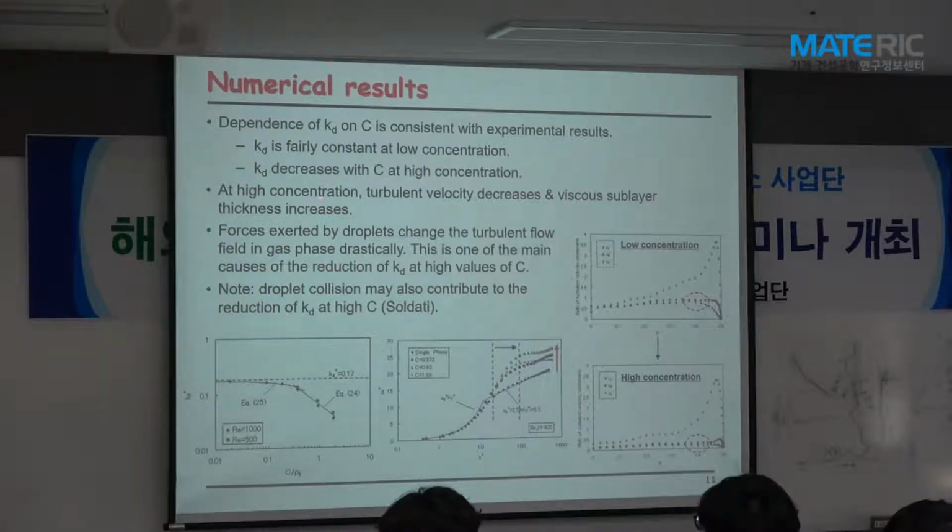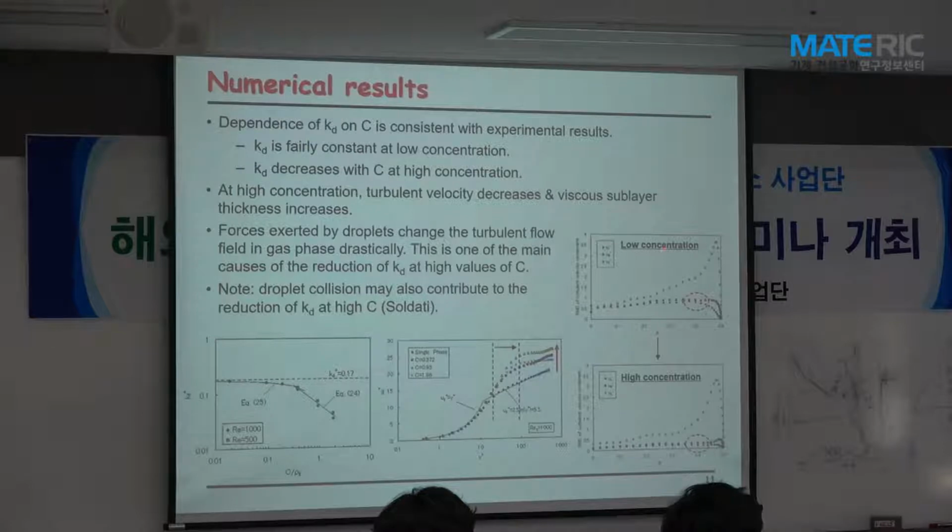At high concentration, turbulent velocity decreases and viscous sublayer thickness increases like this. This is the log law distribution. However, if many droplets are included here, the velocity distribution becomes like this. Therefore, droplets affect the turbulent structure, and as a result, droplet deposition is also affected. These are the turbulent velocities; this is, I guess, the axial component, and these are the radial or peripheral components.